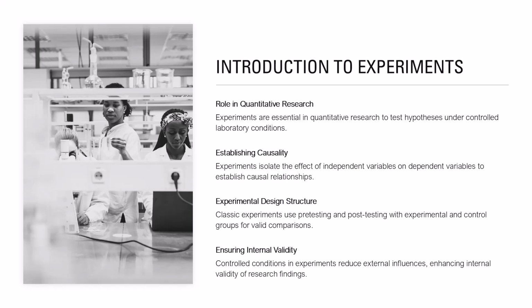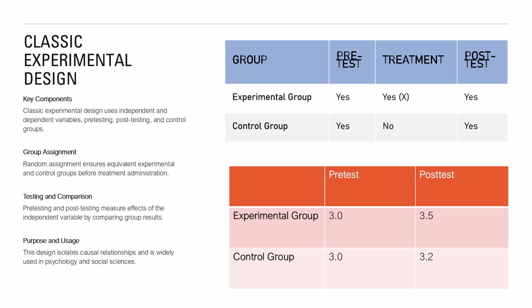The rigorous nature of experimental research provides a high level of internal validity, making it a preferred method when ethical and practical considerations allow. The classic experimental design is characterized by 3 key components: the use of independent and dependent variables, the implementation of pre-testing and post-testing, and the inclusion of both experimental and control groups.